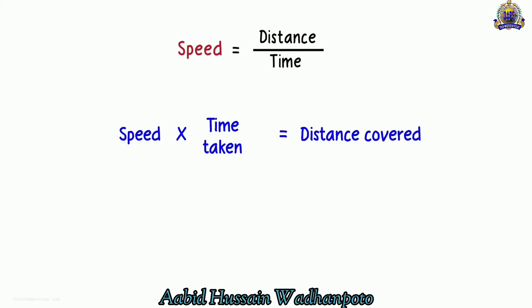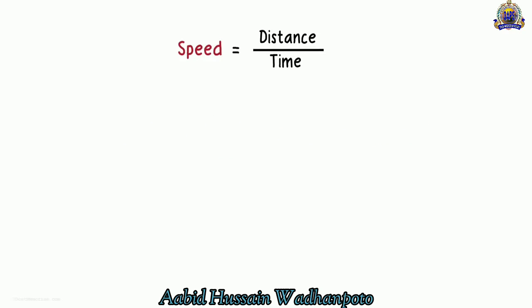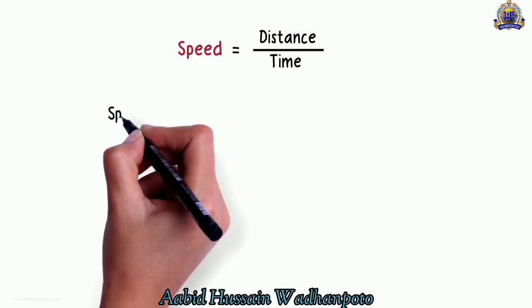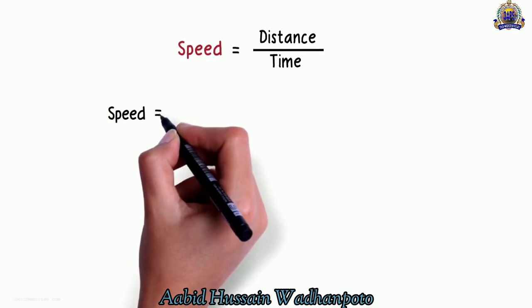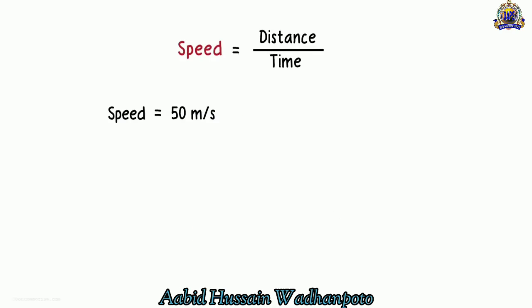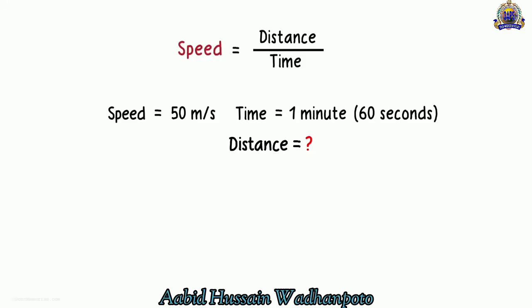If speed is given and a certain time is given, then distance covered is equal to speed into time taken. So if we require the distance, and speed and time are given, what formula will we use here? Let's look at the formula for the distance covered.